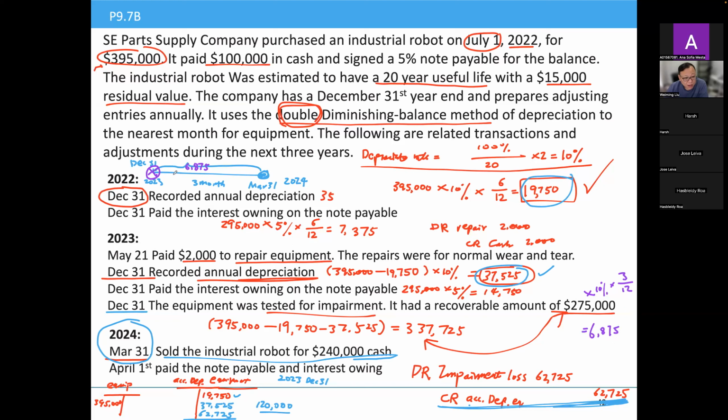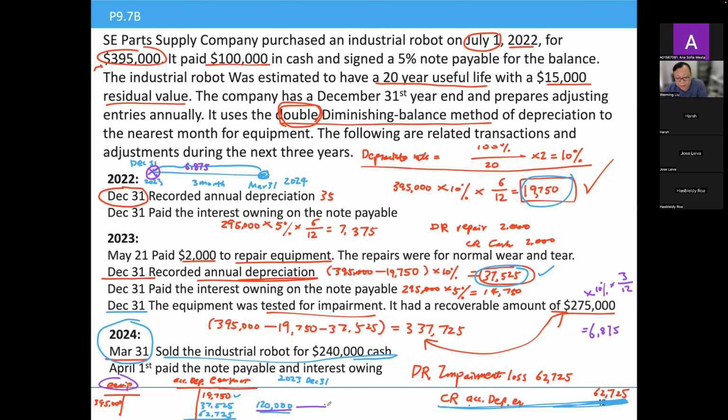So now when I recognize this, what is my updated balance for the cumulative depreciation? My equipment is always the same, 395,000, the balance. But because I recognize depreciation, that's going to increase my cumulative depreciation. So the previous balance is this.